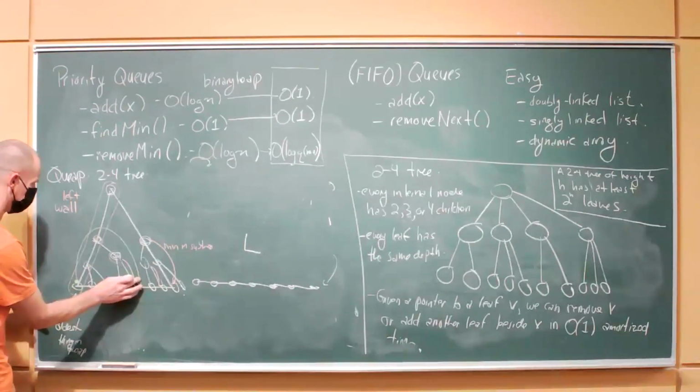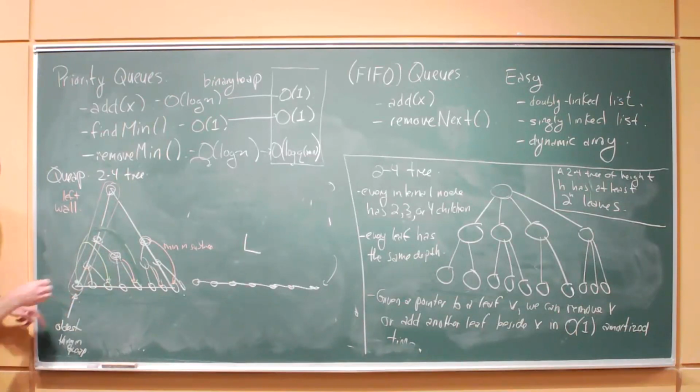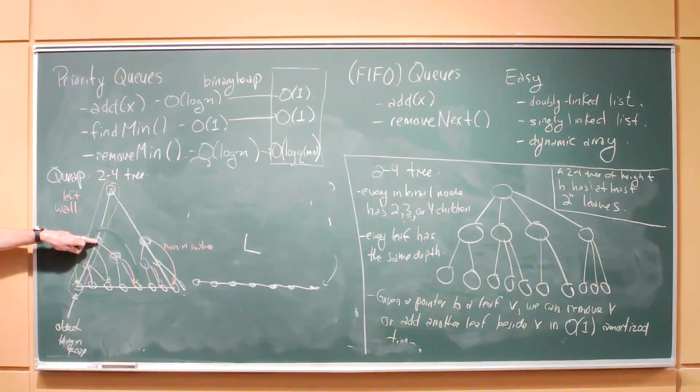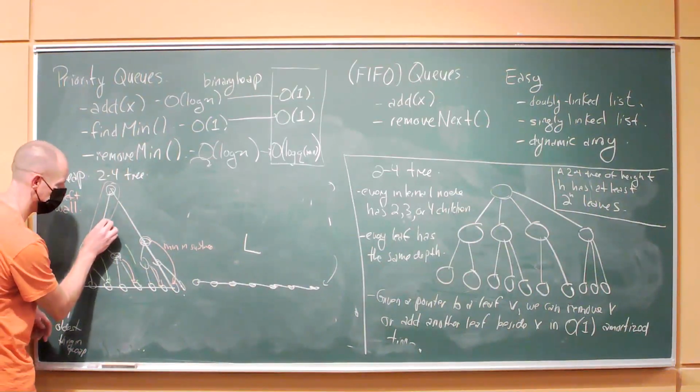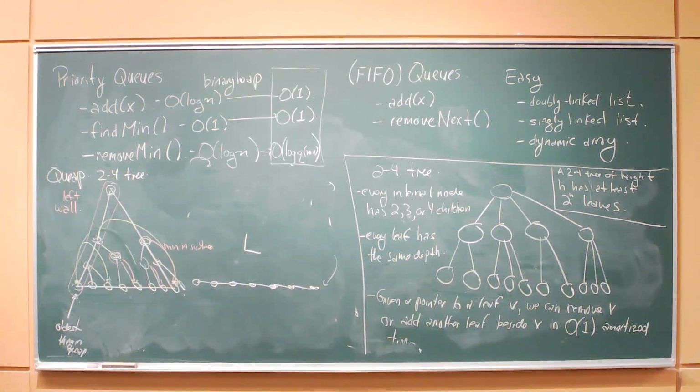Actually, maybe it's better to do an example like this. This one is basically the minimum value overall. This one is the minimum value not in its subtree. So in this case, it's not going to point to the minimum value overall because that is in its subtree. It's going to point to something outside of its subtree, the smallest one over here, which has to be that one there. So these things here point to the min value not in subtree.